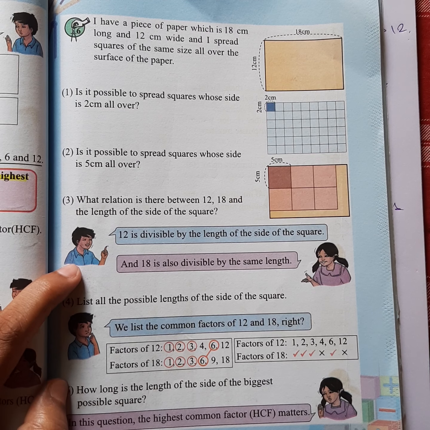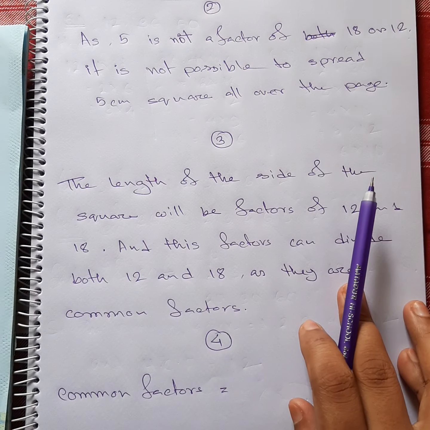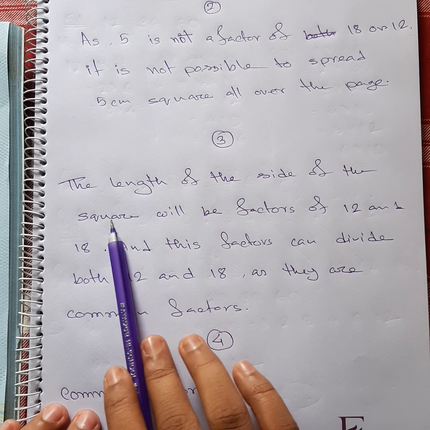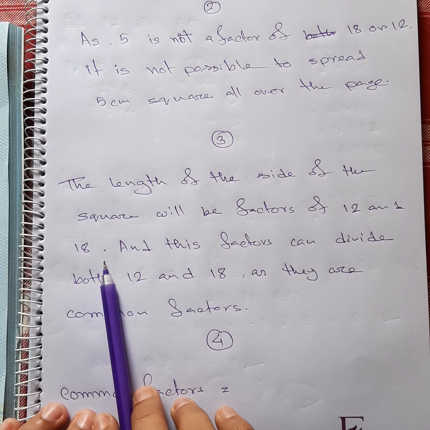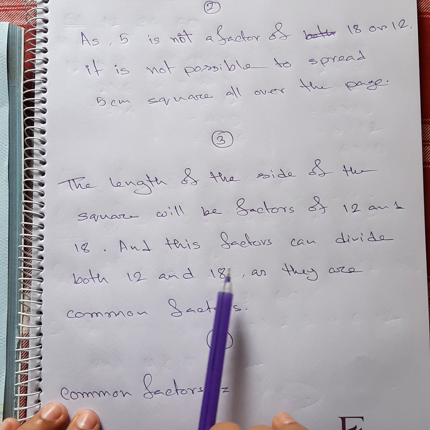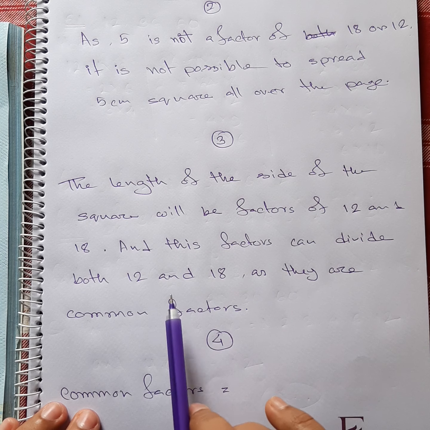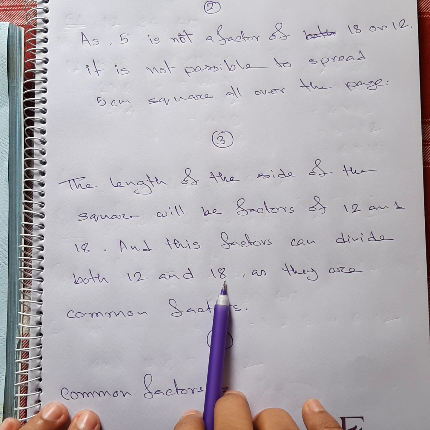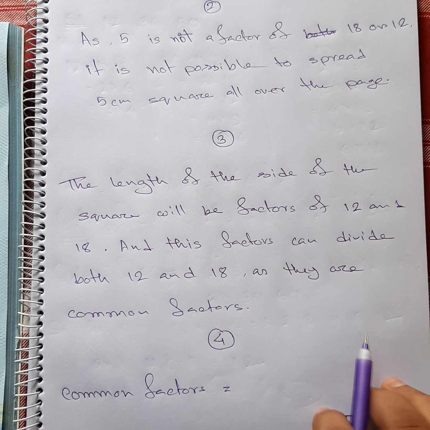So the length of the side of the square will be factors of 18 and 12. These factors are actually common factors, so as they are common factors, they can definitely divide 18 and 12 both.